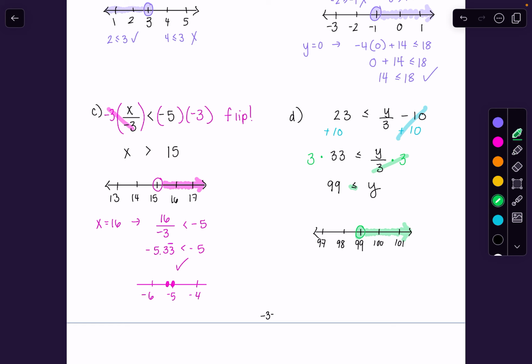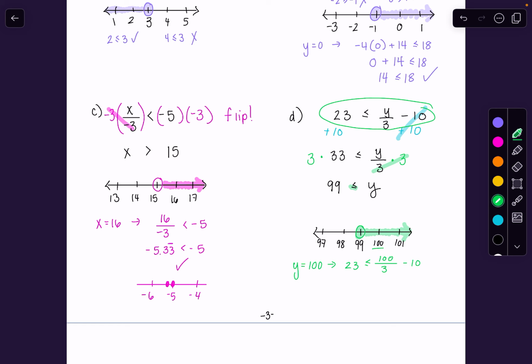So again, just to check, you can check right here. But because we did multiply or divide, let's go ahead and plug it back into the starting statement. So I'm going to plug in 100, and it should give me a true statement. So 23 should be less than or equal to 100 over 3 minus 10.